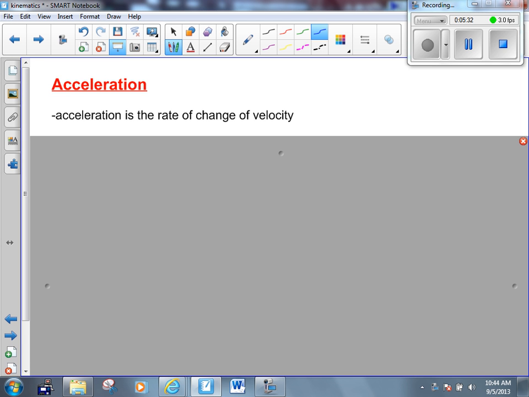How quickly the velocity is changing. It's not what is the change in velocity. I can go from 0 to 100, and my change in velocity is 100. But that's not my acceleration. That's not how quickly the velocity is changing. When we measure acceleration, we want how quickly the velocity is changing, the rate of change of velocity.